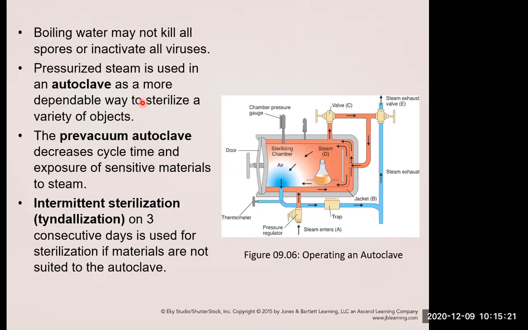And let's say that you killed everything except the spores. Overnight, those spores will turn back into vegetative cells, and they'll be present for you in the morning. So you hit them with another 30 minutes of heat, put them back in a growth chamber. You should have killed all the spores, but let's say some survived, and then those turn back into vegetative cells. On day 3, you come back and do the same thing again, 30 minutes heat, and that is the intermittent sterilization. So you do it 3 times.